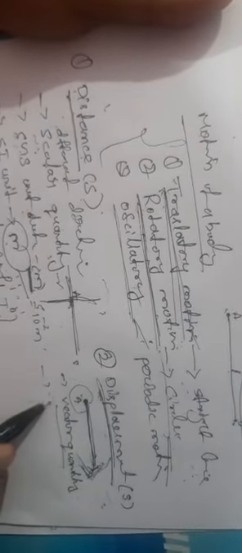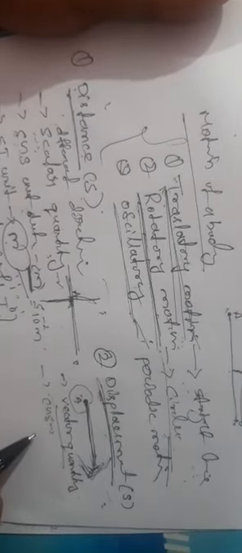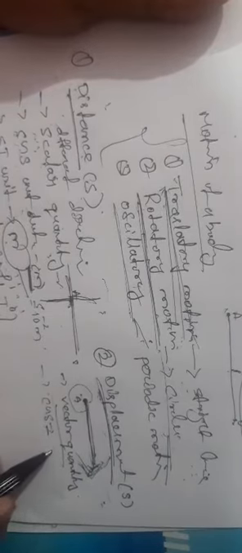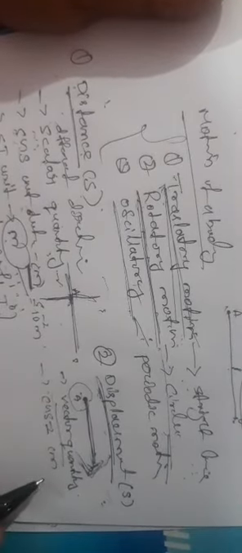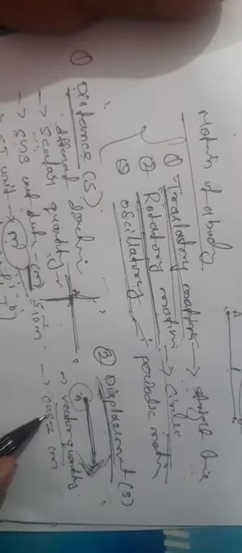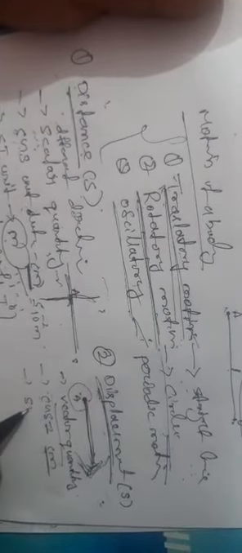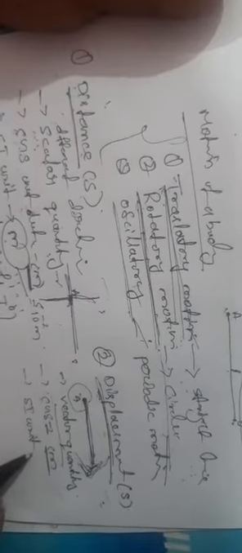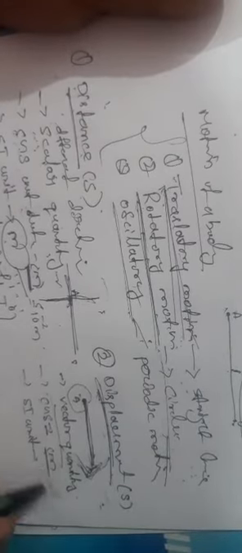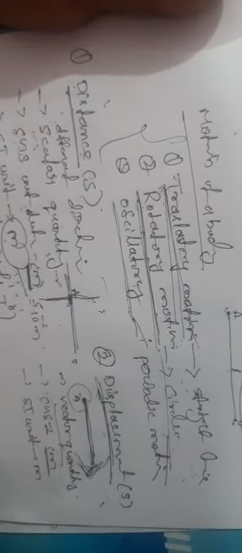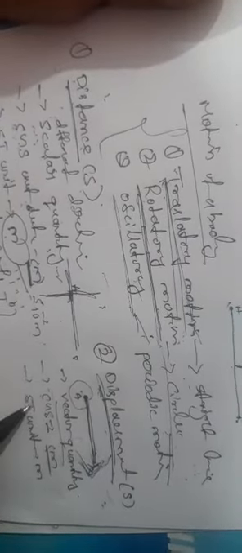And what is the CGS unit of displacement? The CGS unit of displacement is centimeter, and the SI unit of displacement is meter.